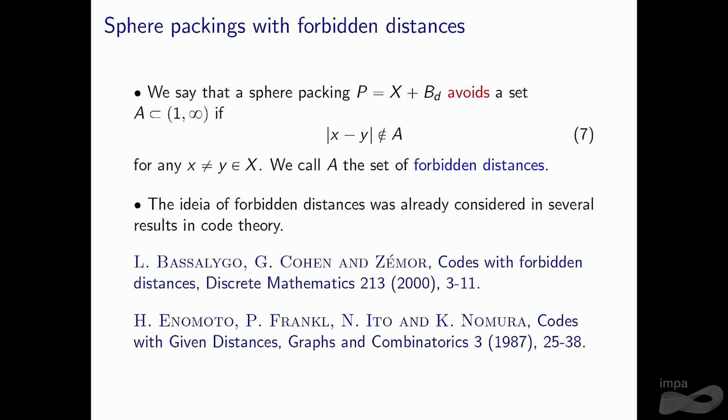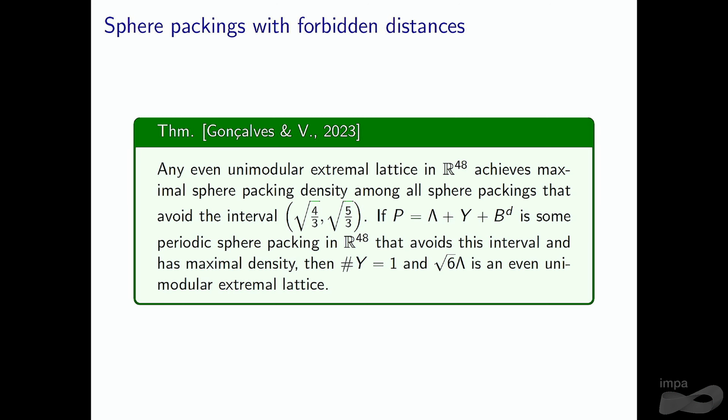And well, this idea of forbidden distance is not new. It was already considered in several results in coding theory. Just to see two of them, we have this one, Bachoc, Cohen, and Zémor, codes with forbidden distance, and this other one with four authors, codes with given distances. And so for this case, we proved the following result.